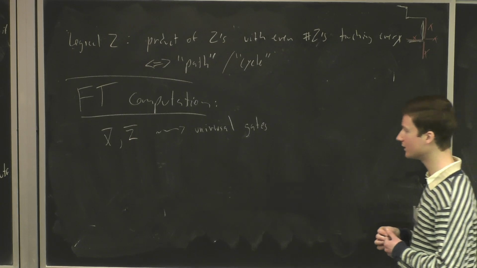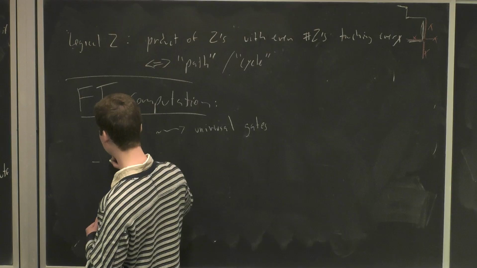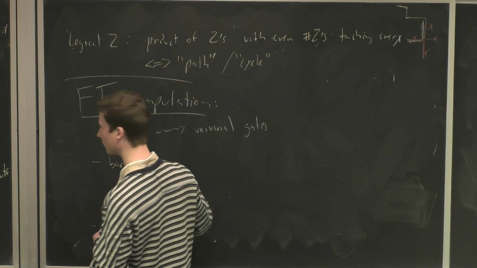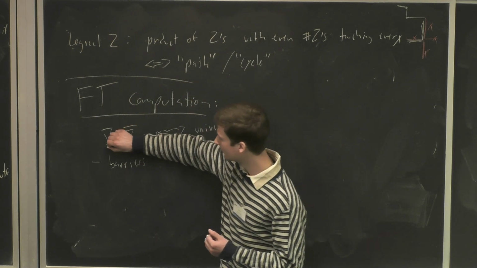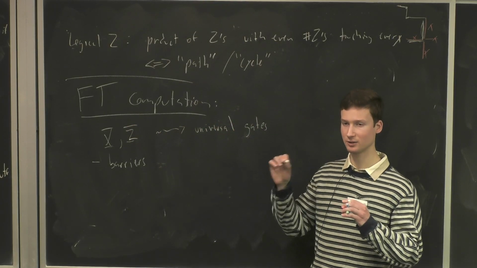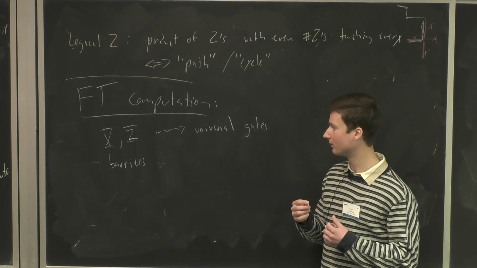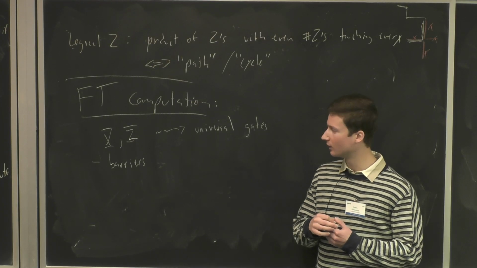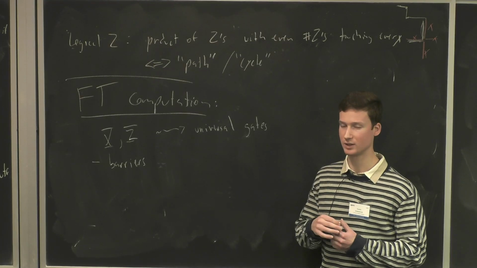This is a very interesting area. There's a lot of really interesting work there. There are some barriers. For instance, there's something called the Eastin-Knill theorem, which essentially says that these X bar and Z bar, logical X and logical Z, are nice because they act on all the qubits independently. This is a very nice property for fault-tolerant computation because it means you won't spread errors between the different qubits. Somehow we can't get a universal gate set consisting of just these transversal gates.